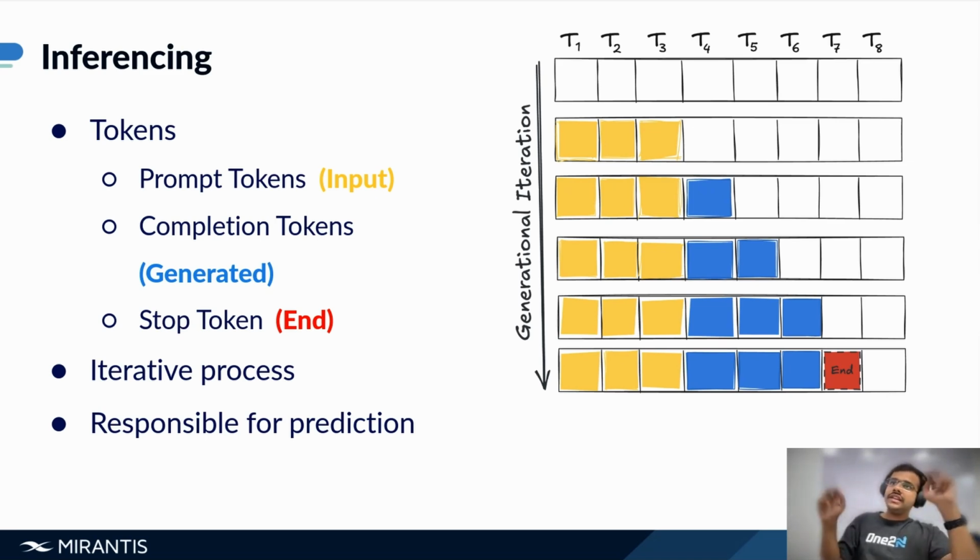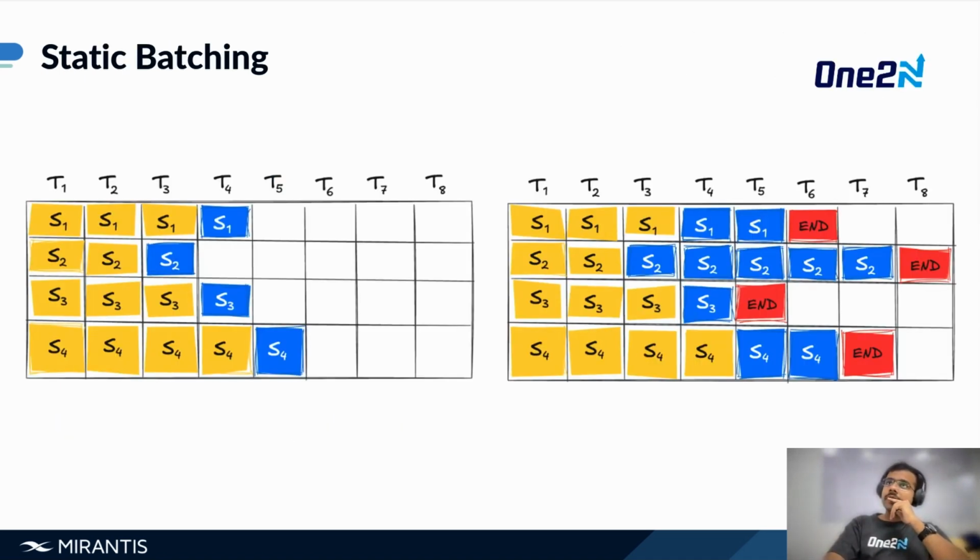And that is how the LLM is able to predict the output. Now, to do that, it makes sense to represent them in memory in a continuous fashion. And this is what the concept of static batching does. So for example, you could see in the diagram that I have a bunch of requests S1, S2, S3, S4, and I have allocated memory in a contiguous fashion for each request.